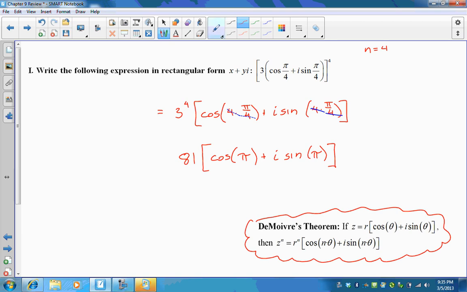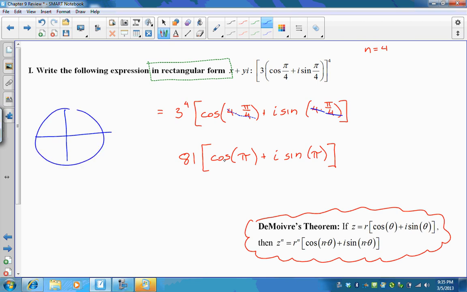The one thing that I almost missed is it does say, write the following expression in rectangular form. I want my answer in rectangular form, so I've got to get out of polar into rectangular. That's pretty easy because all I'm going to do is look at my unit circle. I need the cosine of pi and the sine of pi. Pi happens over here where my coordinates are -1 and 0.